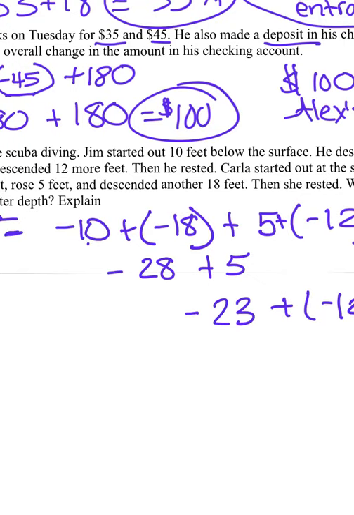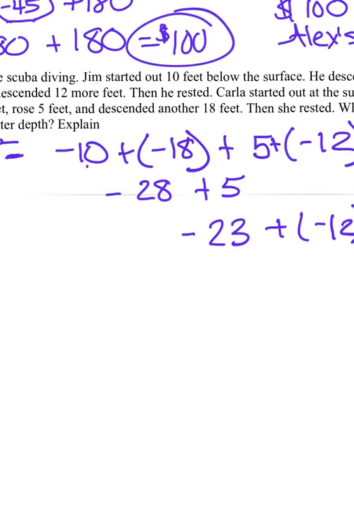Now let's see where Carla is. So Carla starts at the surface, right? So she's at 0. She descends 20 feet, so a negative 20. Rose 5 feet, so that's plus 5.